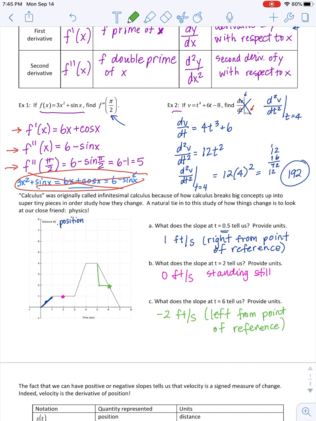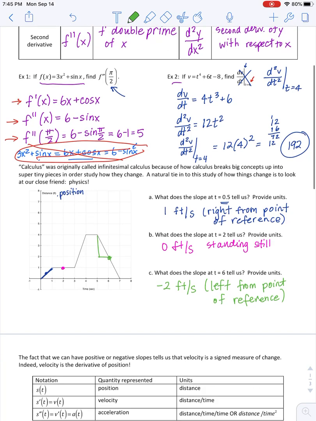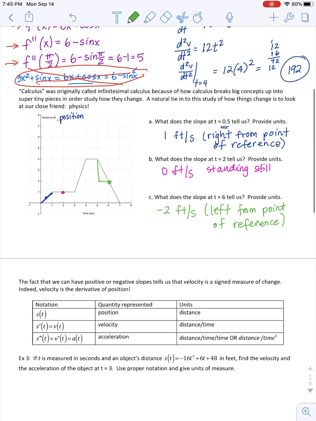So we can obviously have negative slope in a position graph. And that brings us to the next point: the fact that we can have positive or negative slopes tells us that velocity, which is the measure of how fast your distance changes, is a signed measure of change. So indeed, this tells us that velocity is the derivative of position.